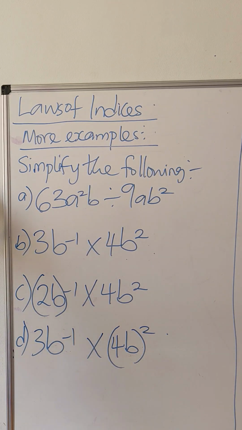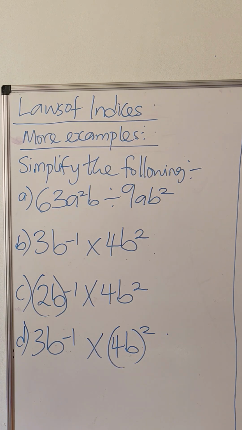Simplify the following. The first one, 63a squared b divided by 9ab squared. The second one, 3b raised to power minus 1 multiplied by 4b raised to power 2. The third one, (2b) all in brackets raised to power minus 1 multiplied by 4b squared.